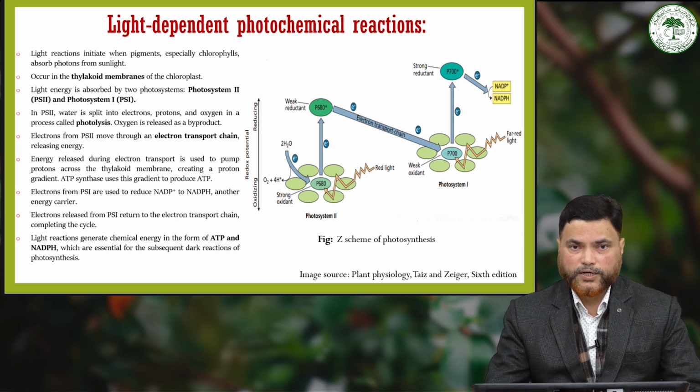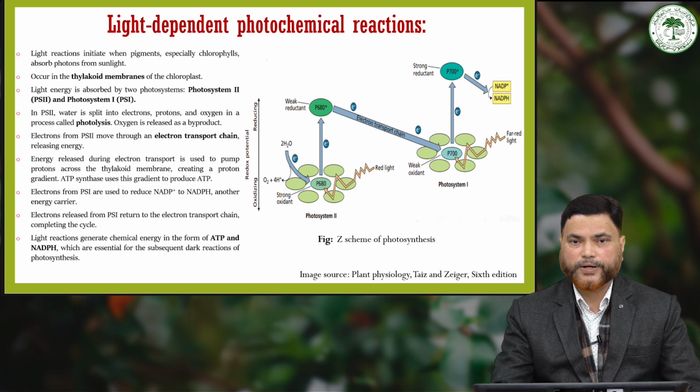Now we will discuss the light dependent photochemical reaction, that is the first step of photosynthesis, which is basically dependent on the availability of light. Question arises, what exactly are these light reactions? Why are they termed so?